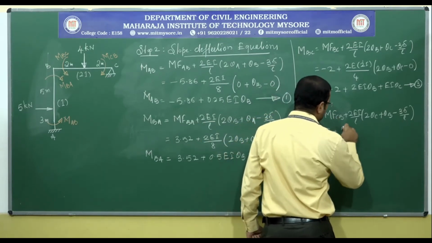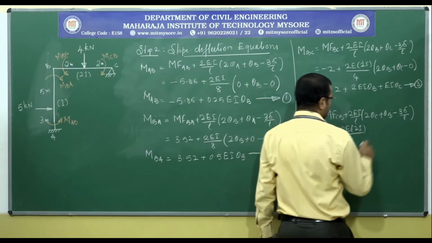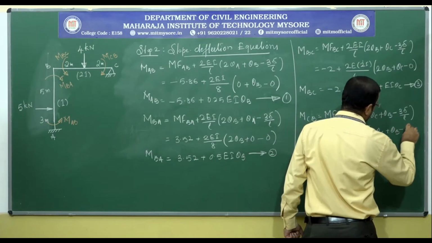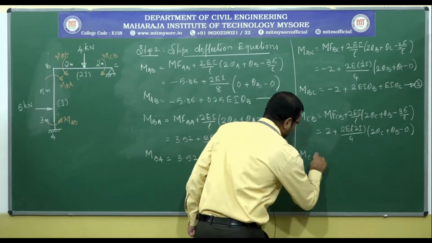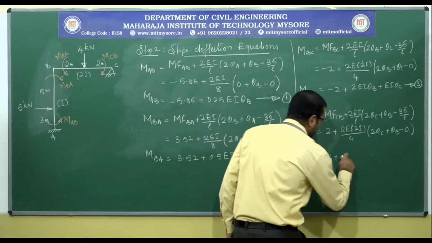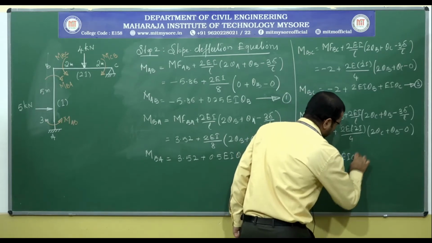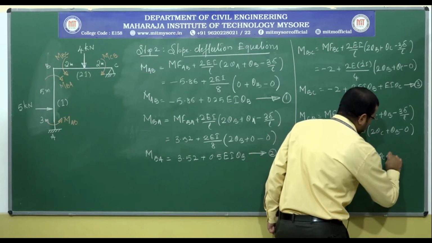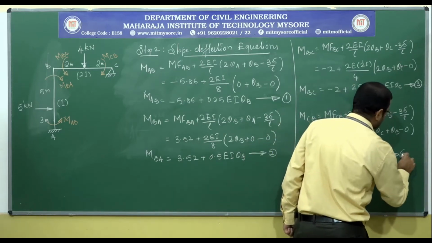So it is 2 plus 2E, the I value is 2I, divided by L which is 4, into 2 theta C plus theta B minus 0. So we have the equation MCB is equal to 2 plus EI theta B plus EI theta C. Let us call this equation number 4.